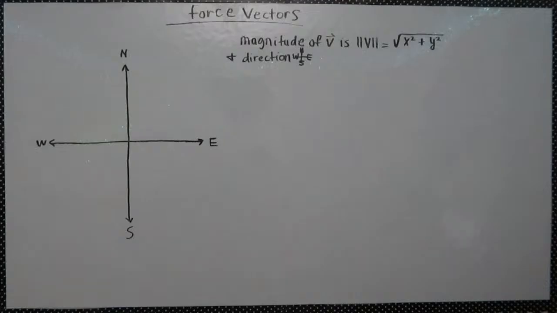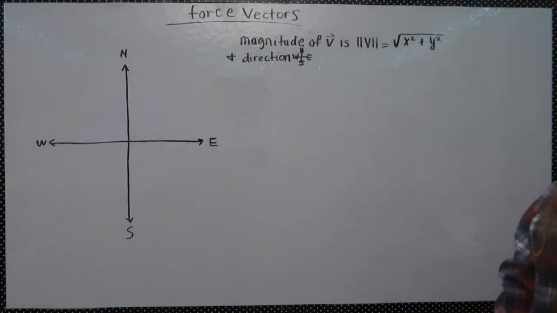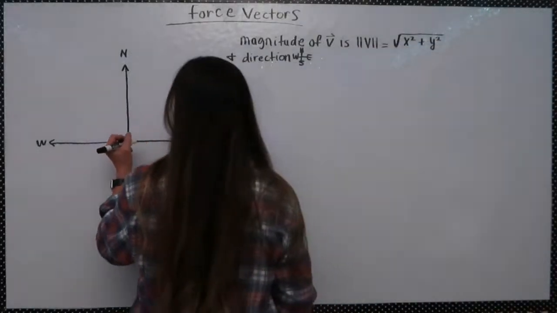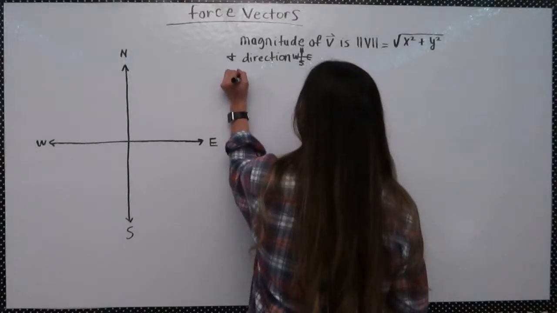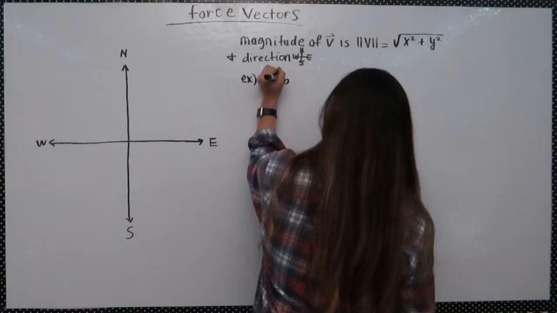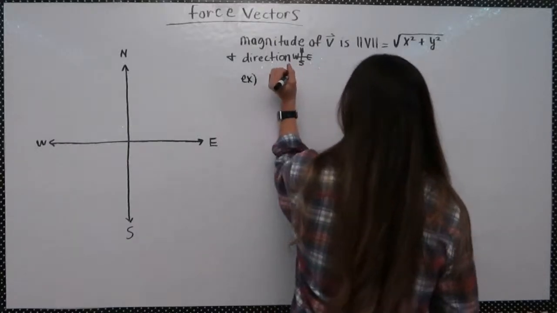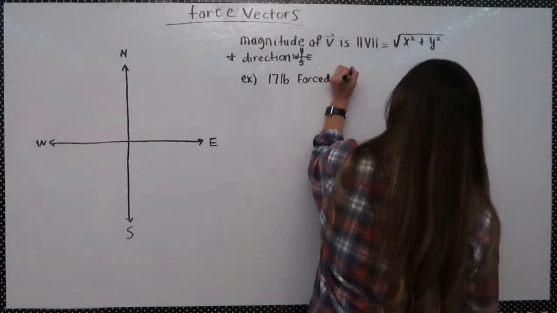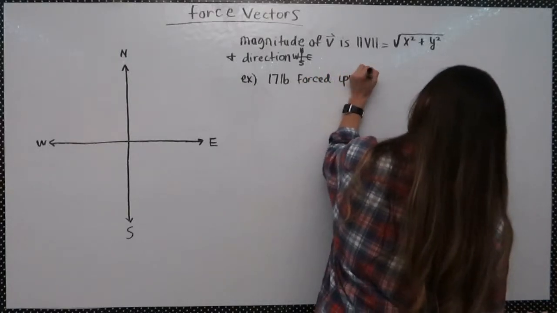Here's some examples. So 17 pounds, 17.8, and it's north. So, for example, 17 pounds of force upwards.